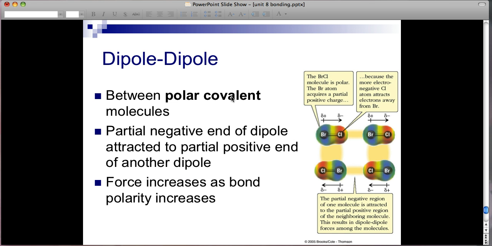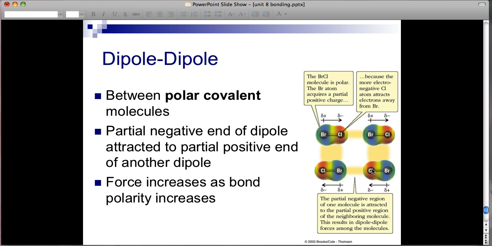From there, we move up to the dipole-dipole intermolecular forces, and these will occur between polar covalent molecules. They will have partial negative ends, and they'll be kind of slightly attracted to the partial positive end of another. So see how we have bromine and chlorine bonded together, and they arrange themselves in this really pretty cool organized fashion to where the negative and the positive are aligned to each other, the positive and the negative aligned to each other.